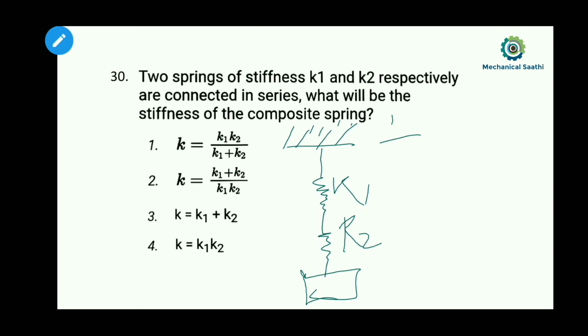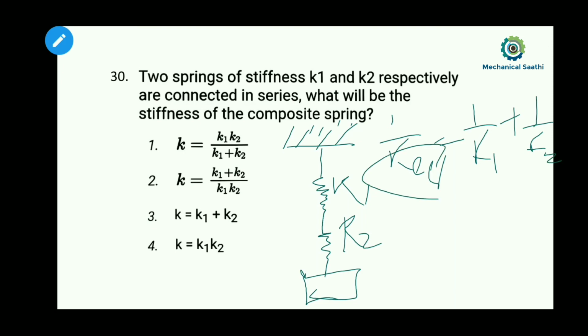So I can write 1 by k equivalent equals 1 by k1 plus 1 by k2. If we take the LCM, the denominator will be k1 k2 and the numerator will be k1 plus k2. If we reverse it, we get k equivalent equals k1 k2 divided by k1 plus k2.